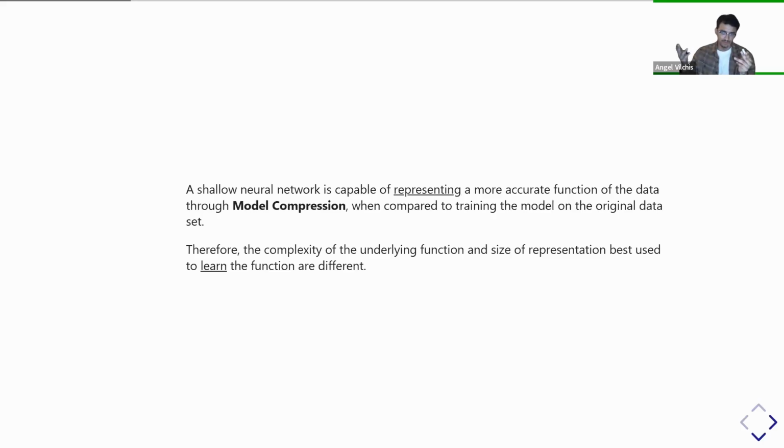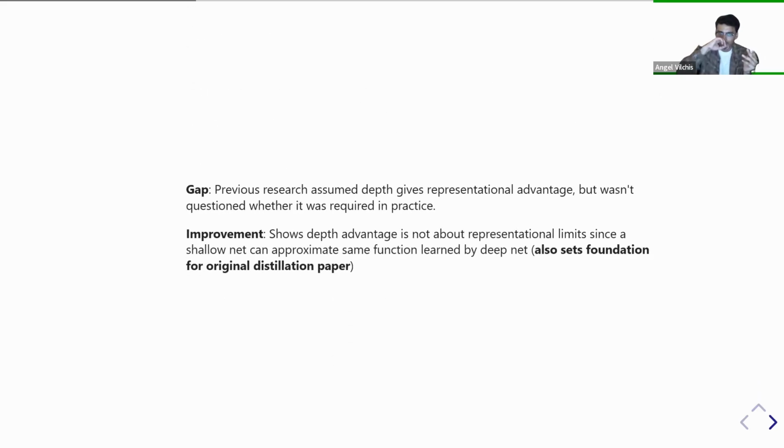But maybe depth is required for learning the underlying function, like how the large model does for model compression. So that's the main idea of the paper, that depth may be required for learning the function, but it's not required for representation. And they show this through model compression.